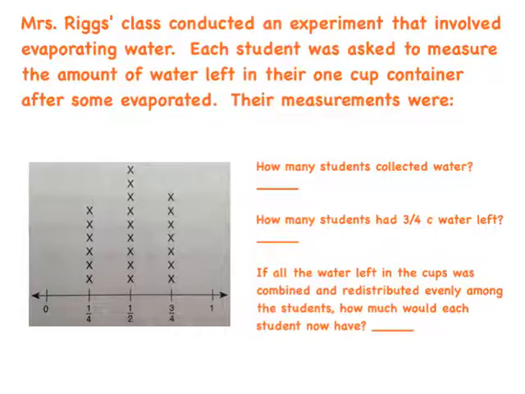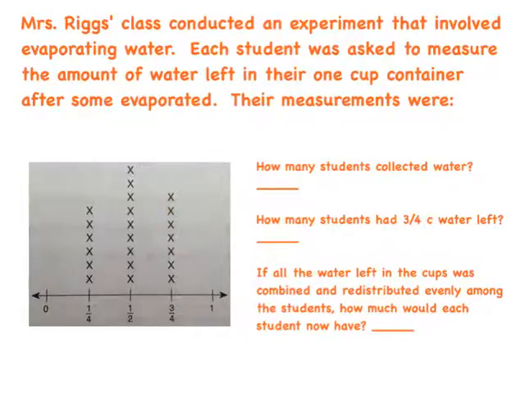All right, so let's answer some questions. How many students collected water? Well, I need to know the total number of students, so I need to count how many x's. I had 1, 2, 3, all the way up to 22.